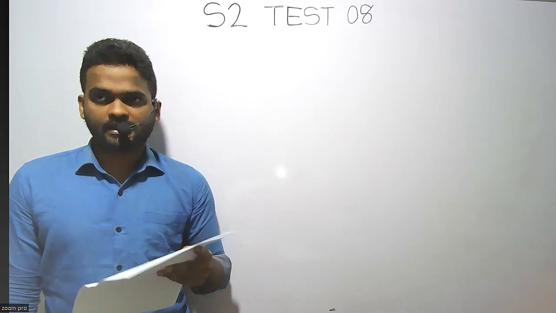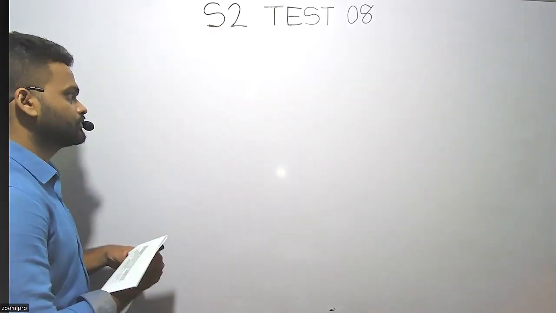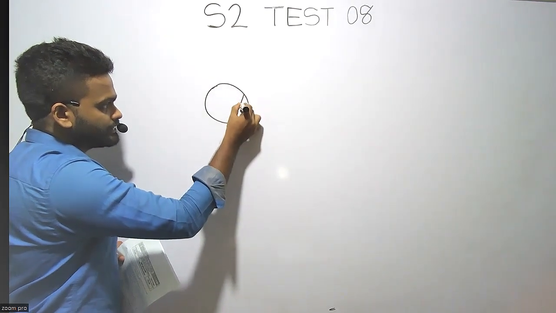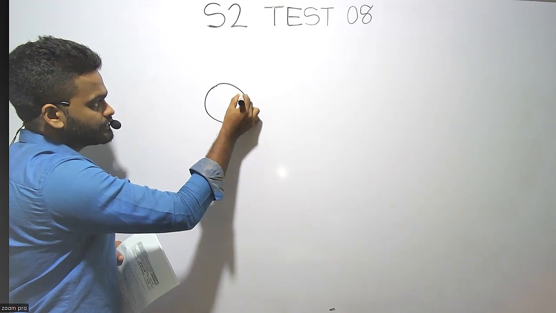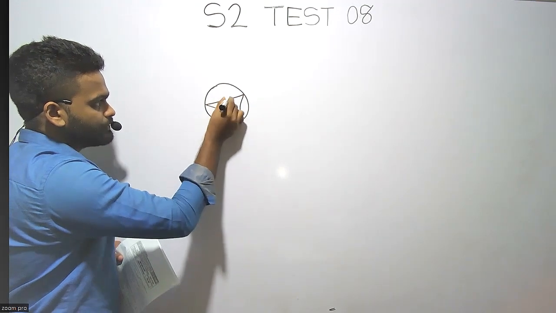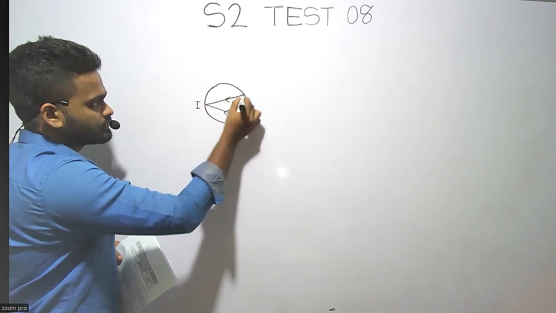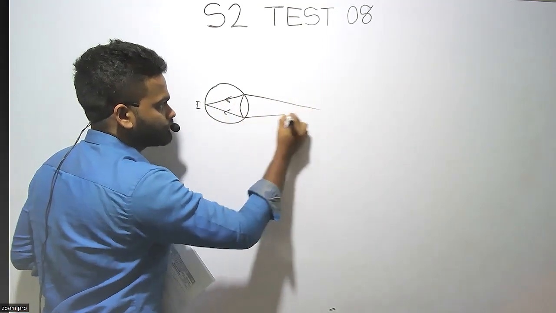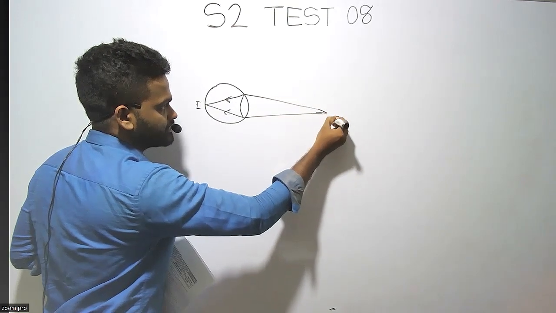The reason for that is, you know that in order to see clearly, you have to form the images on the retina, right? Let's say the object is here.